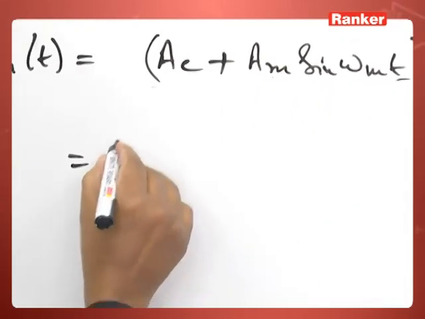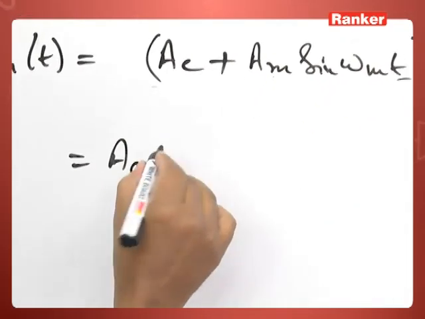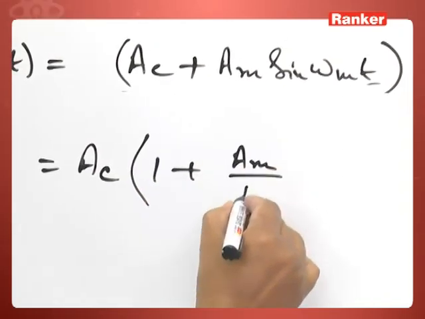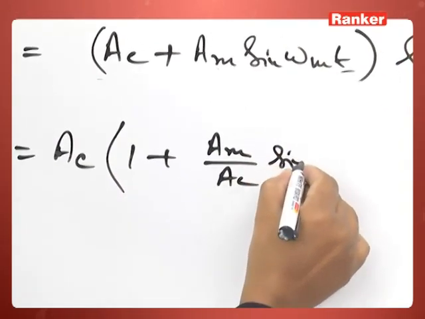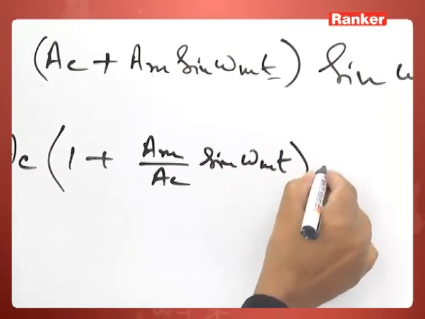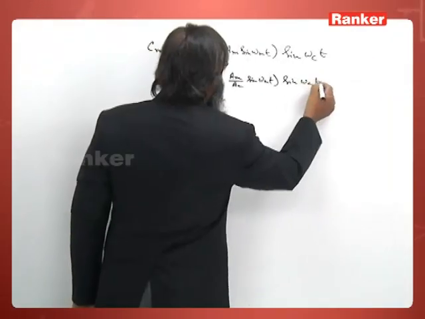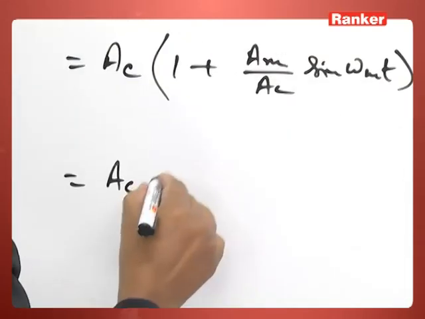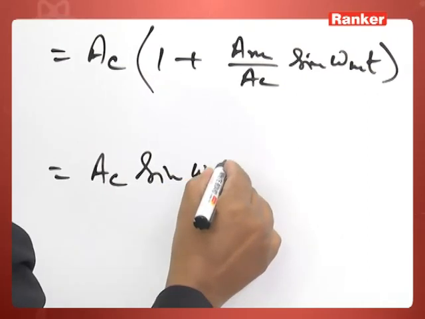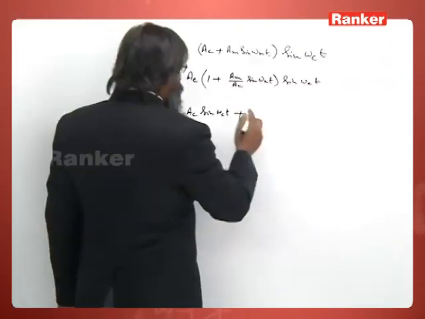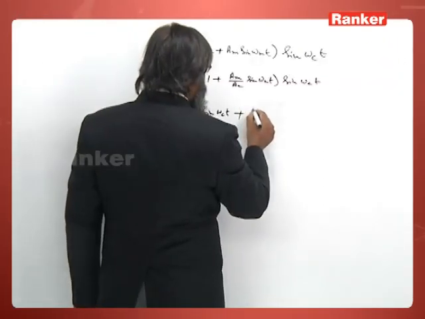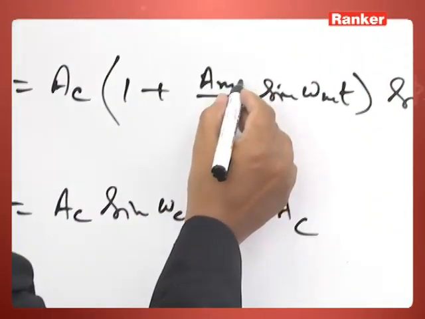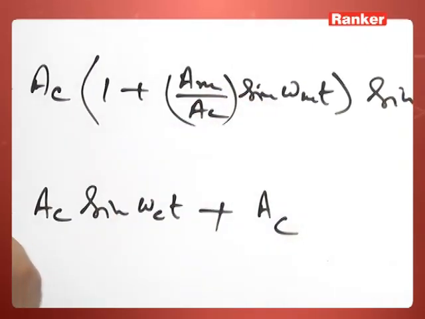Now let us simplify it. This is A_C, we can take common, we will get A_C (1 + (A_M/A_C) sin ω_M t) sin ω_C t. This is A_C sin ω_C t plus this is again A_C times. Now let us introduce a quantity called mu.